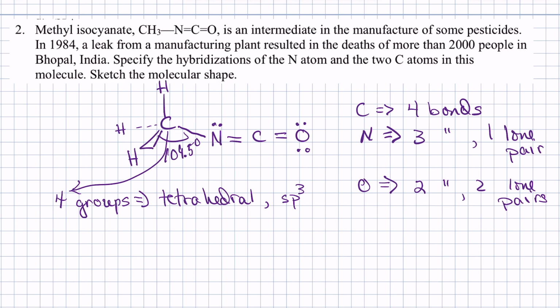So for the nitrogen, we're going to have sp2. It's going to be trigonal planar with a 120 degree angle. All right? So this angle here is 120 degrees.